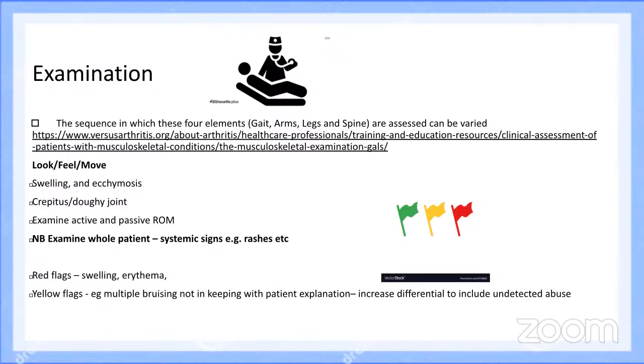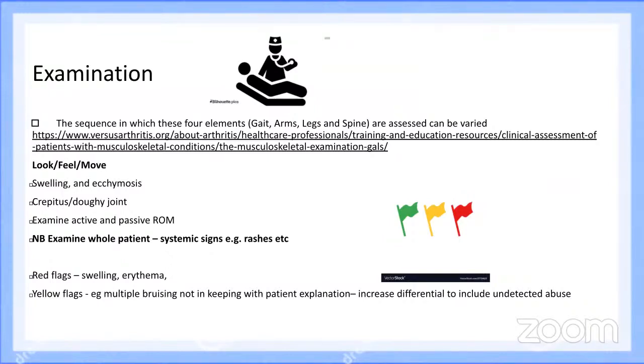Also, based on the history and what you're finding in the exam, it's important to examine the whole patient so that we can look for other systemic signs based on the diagnosis or the differentials that you're looking at.